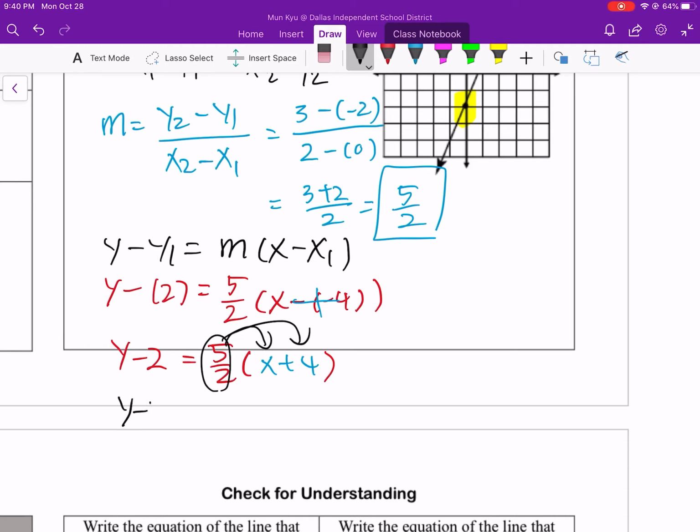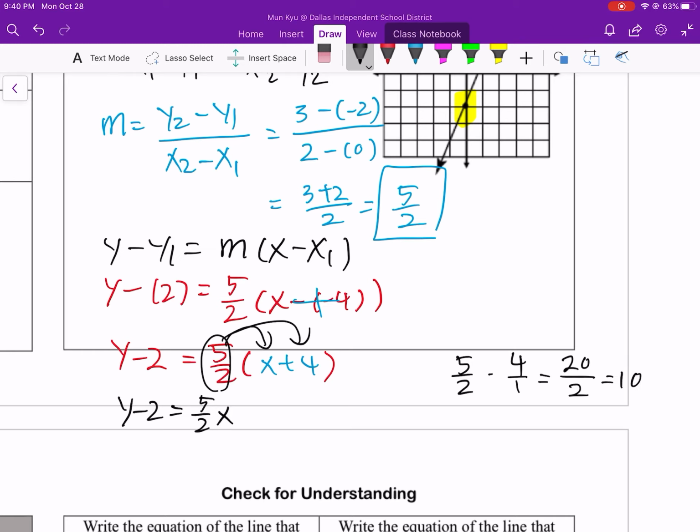Now let's distribute. So y minus 2 equals 5 over 2 times x, which is 5 over 2x, and 5 over 2 times 4. Now let's make a side note here to give you a good habit. Again, 4, you might want to make it a fraction like this. 5 times 4 is 20. 2 times 1 is 2, which will be 10 if you simplify.